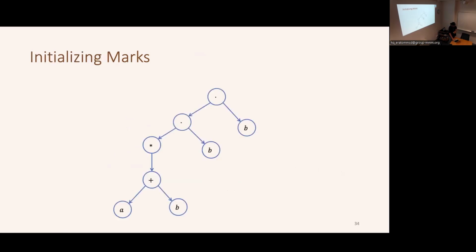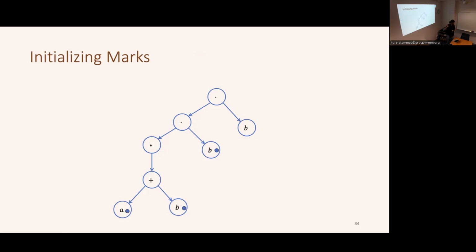Okay. So the next thing I'm going to do is see how I can put initial marks here. If this was an NFA, these would be my initial states. So this A would be an initial state, this B would be an initial state, and so would this B. So I would put tokens over there, indicating that these are initial states.